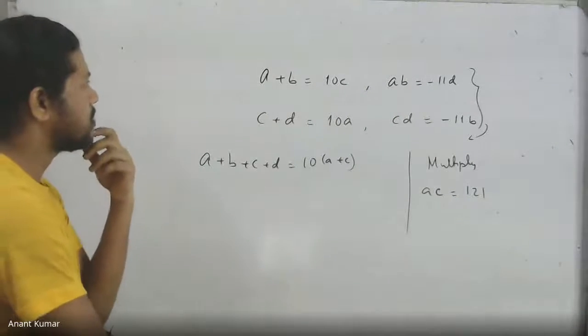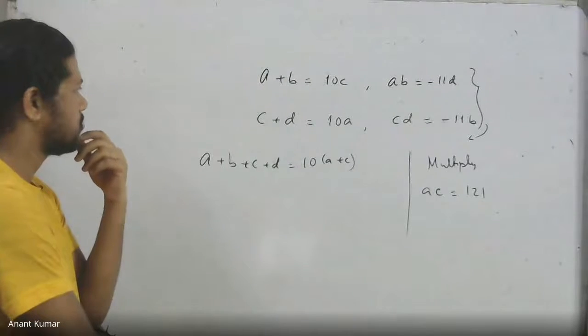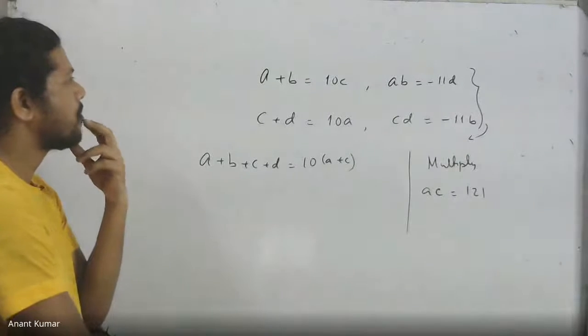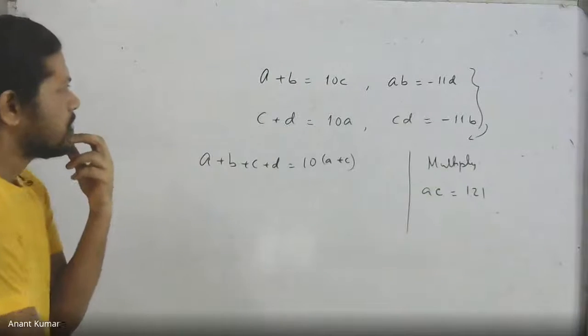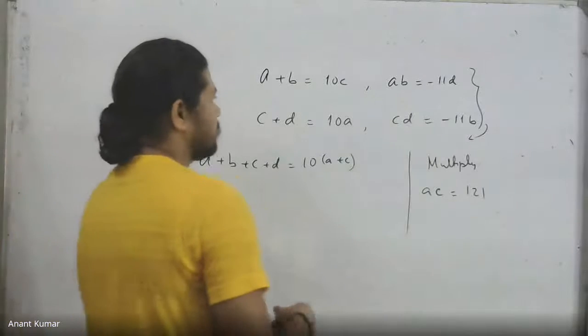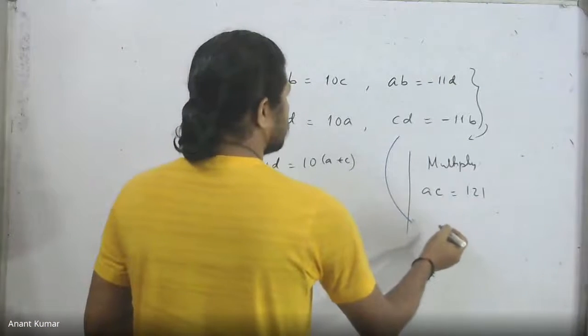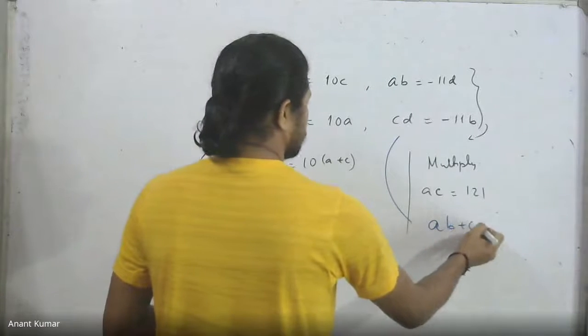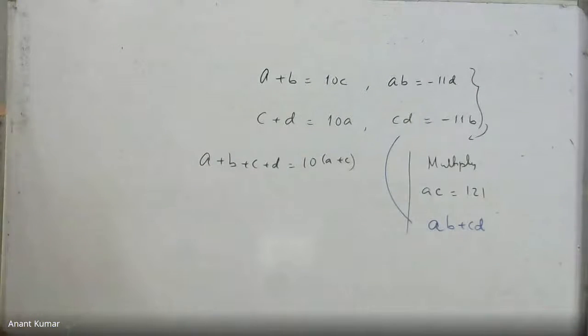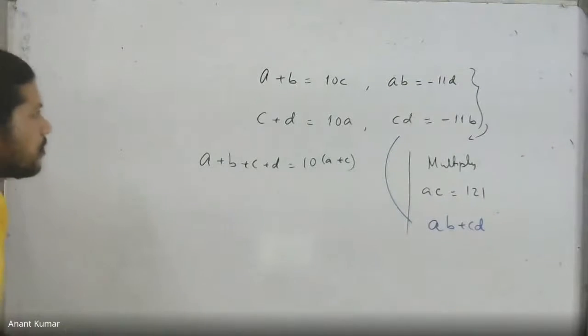I get ABC equal to... If I add them up, A square plus B square plus twice AB, and C square plus D square equals twice... Addition will give us some value, but D square is not known.